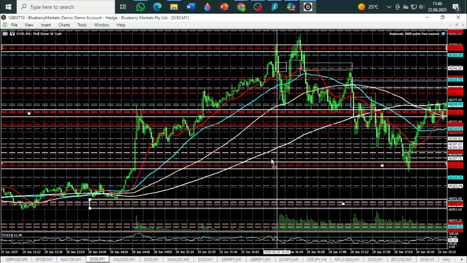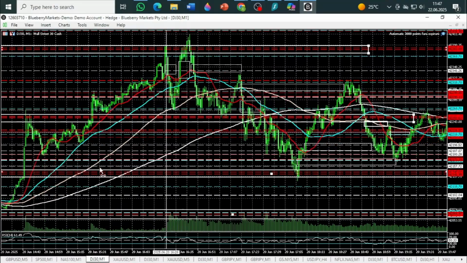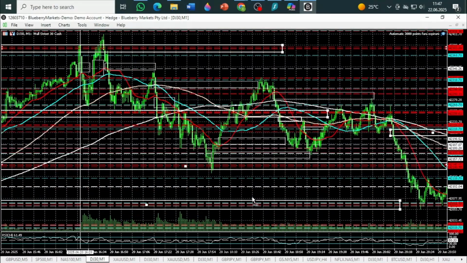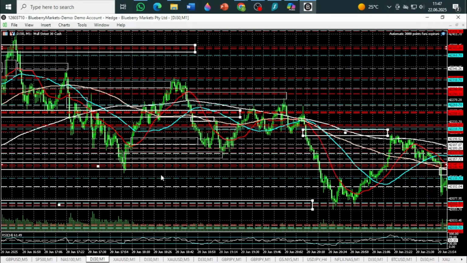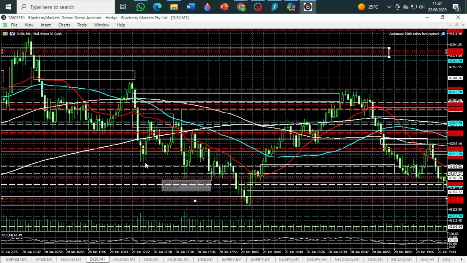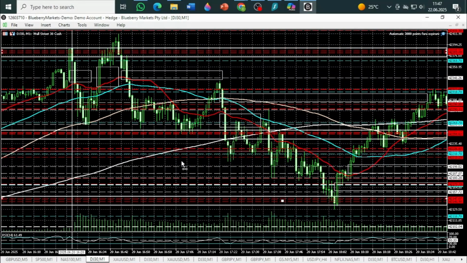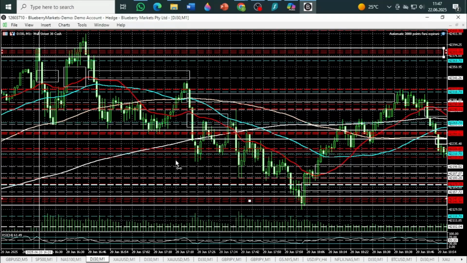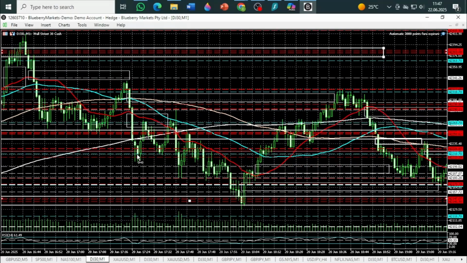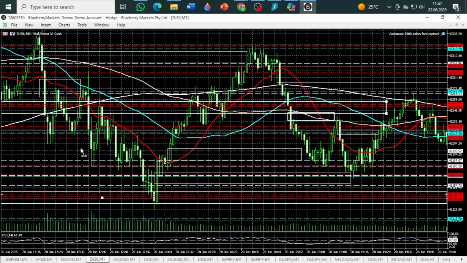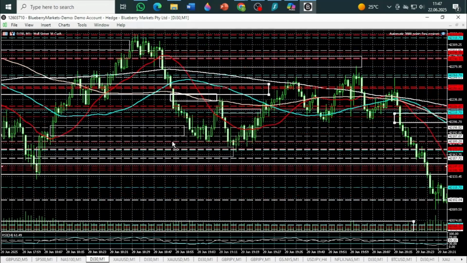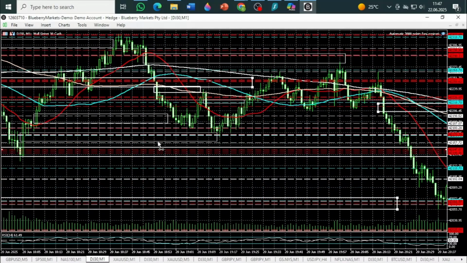No, there is just a price level here. Okay, but a very important tool is the fair value gap.